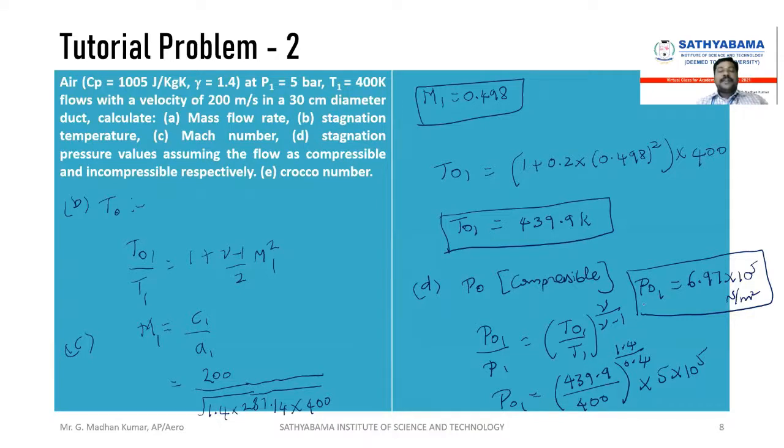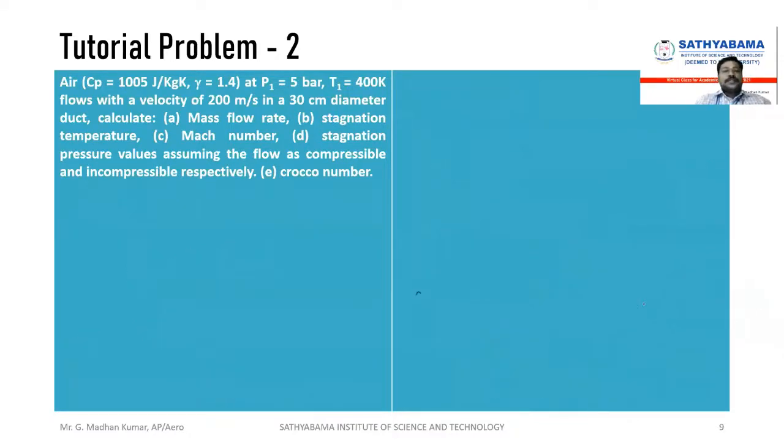But with respect to incompressible flow, you have to use Bernoulli's equation, right? So your next case is stagnation pressure, incompressible. For incompressible flow, the stagnation pressure P01 is nothing but P1 plus half rho 1 C1 square.